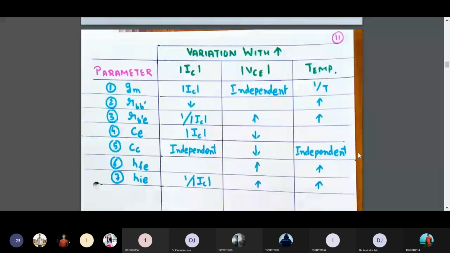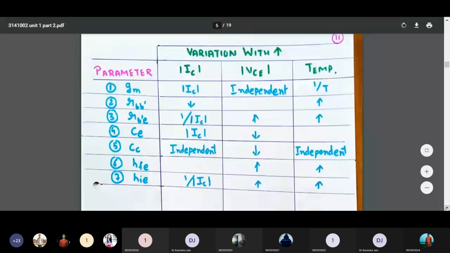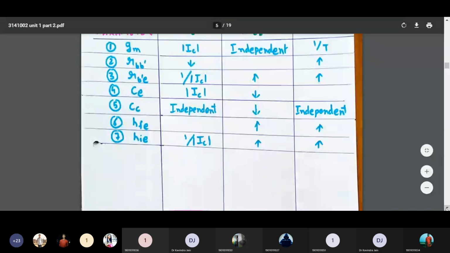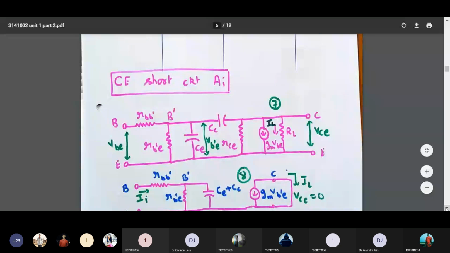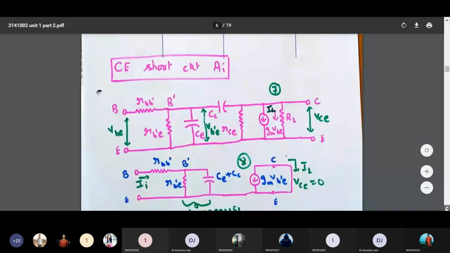Now we are talking about CE short circuit current gain. I request all of you to kindly draw this diagram. Please, all of you are requested to draw figure number 7 and figure number 8. If the figure is not clear, please let me know.